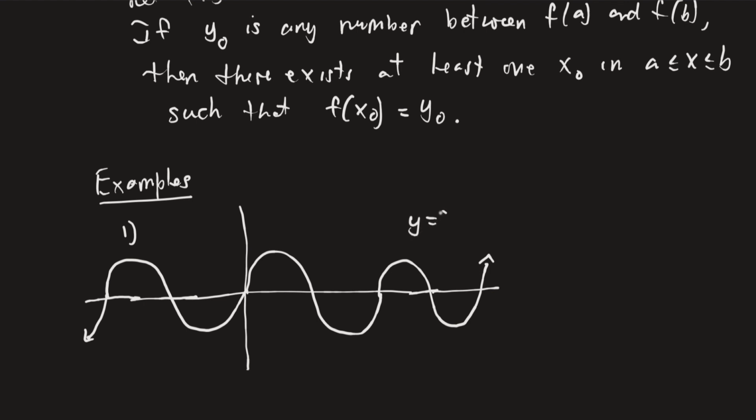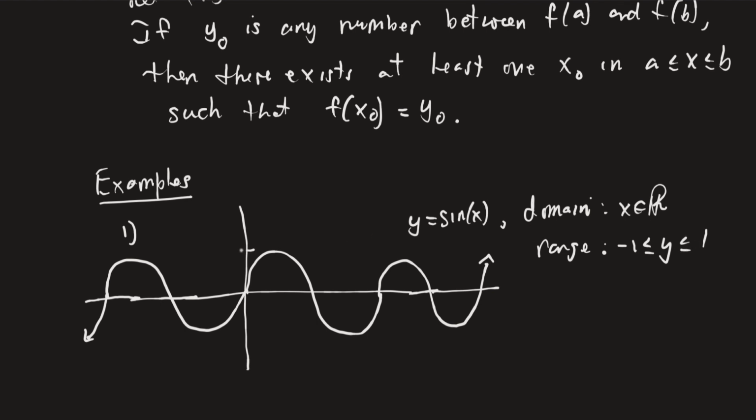Our function is our basic sine of x. A couple of things to note. The domain of this function is all real values of x, right? And the range is all values of y between plus or minus 1. That's what it oscillates between.